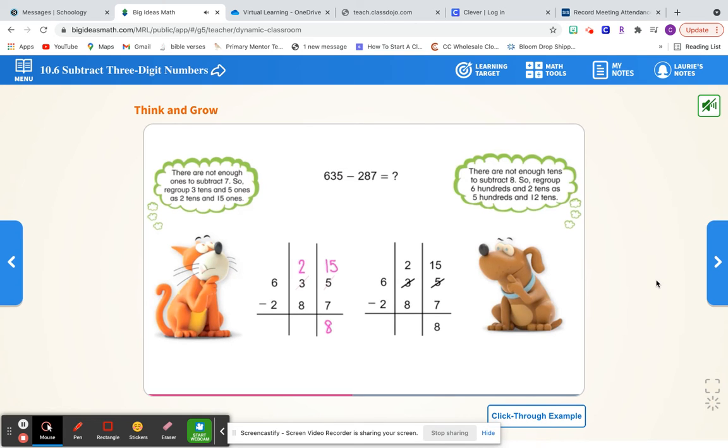You have 2 tens. There are not enough tens to subtract 8. So, regroup 6 hundreds and 2 tens as 5 hundreds and 12 tens. 12 tens minus 8 tens equals 4 tens. 5 hundreds minus 2 hundreds equals 3 hundreds. So, 635 minus 287 equals 348.